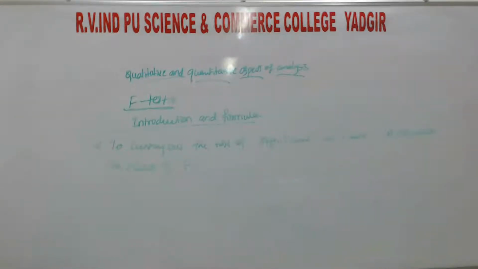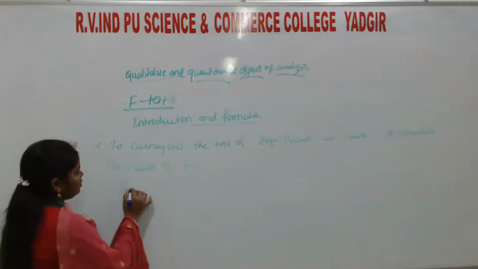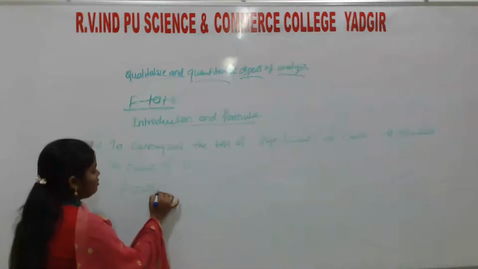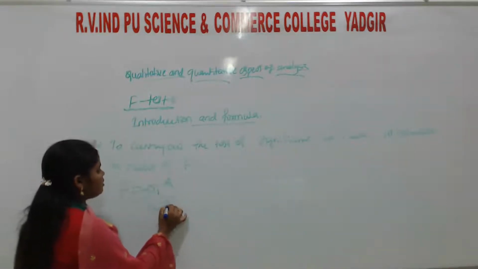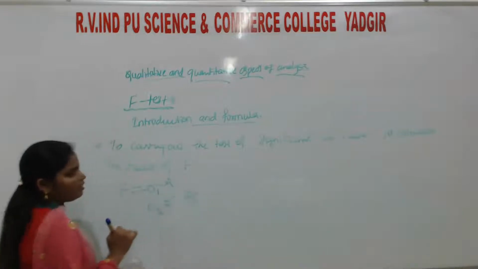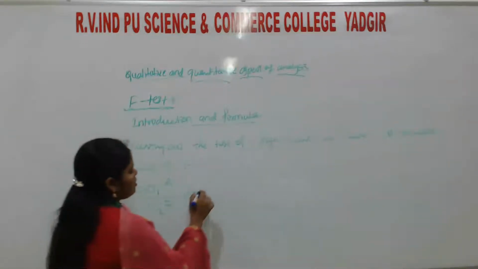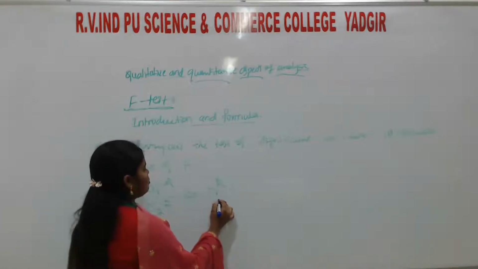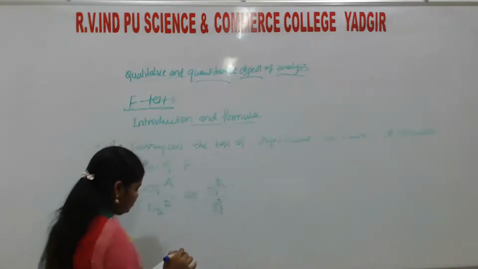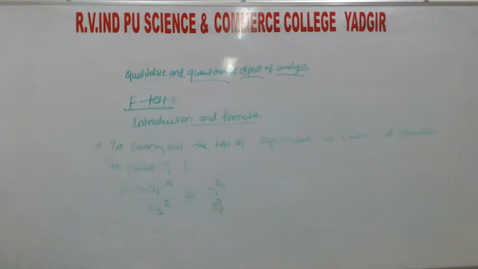And here, the formula for this F test is F equals sigma 1 square divided by sigma 2 square. In a sample, we write S1 square divided by S2 square.